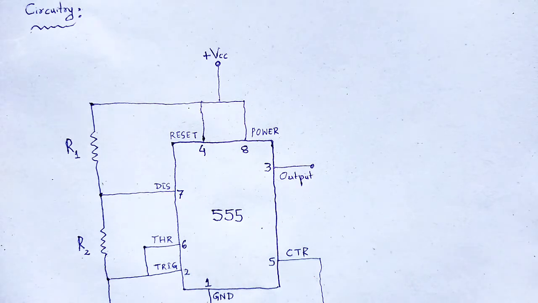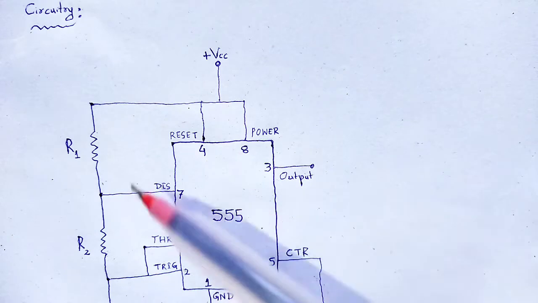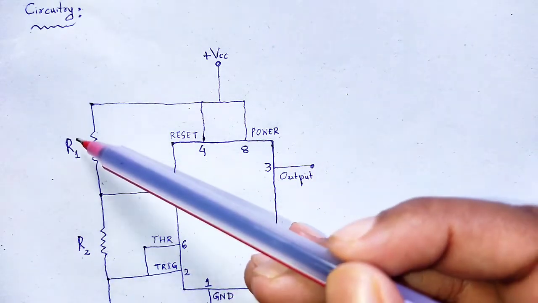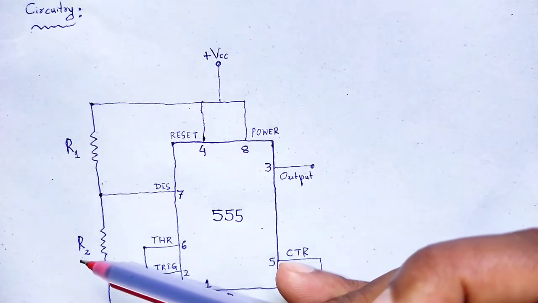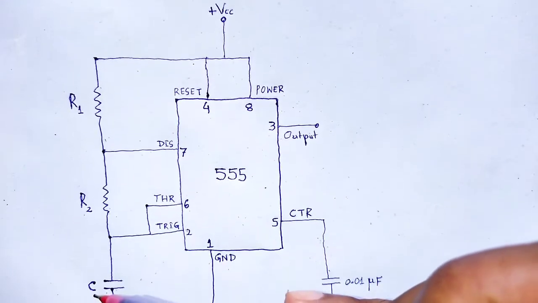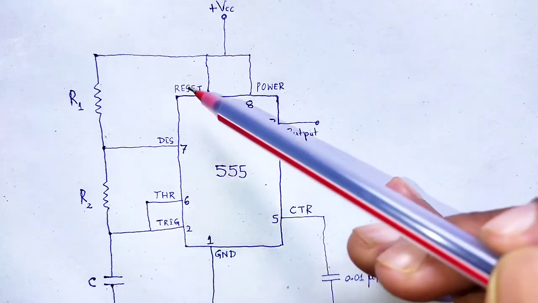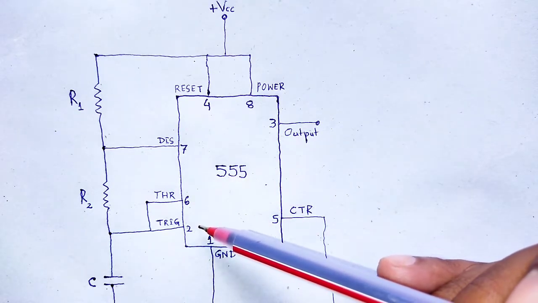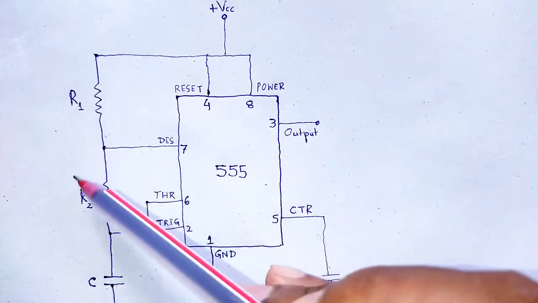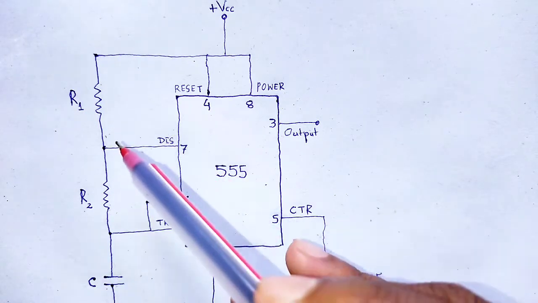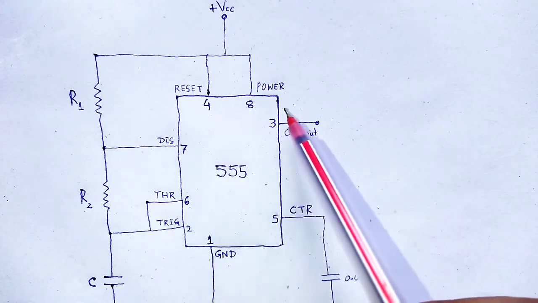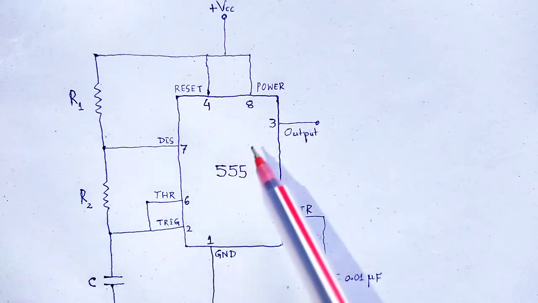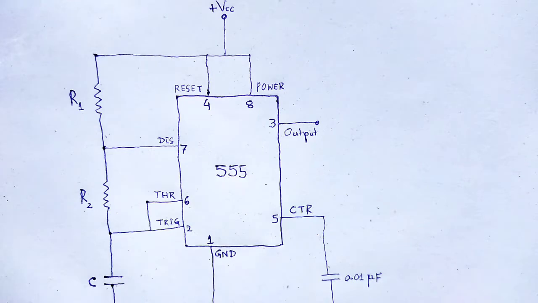The astable mode of multivibration is achieved by adding two resistors R1 and R2 and a capacitor C to that of 555 timer IC. So, additional circuit R1, R2 and capacitor is connected to the 555 timer IC in order to achieve astable multivibrator.